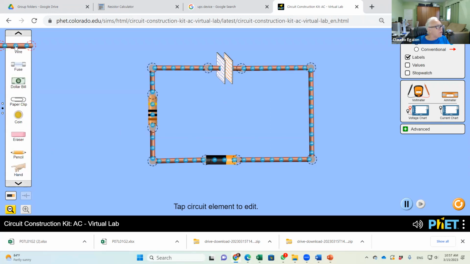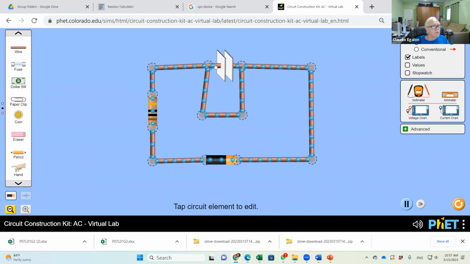And I am going to discharge this capacitor. Let's see if it's going to accept it. How do I discharge the capacitor, right? I get a wire. And if I'm doing everything right, connect. Yeah, I'm discharging the capacitor. The capacitor became discharged. And I'm going to do something else.